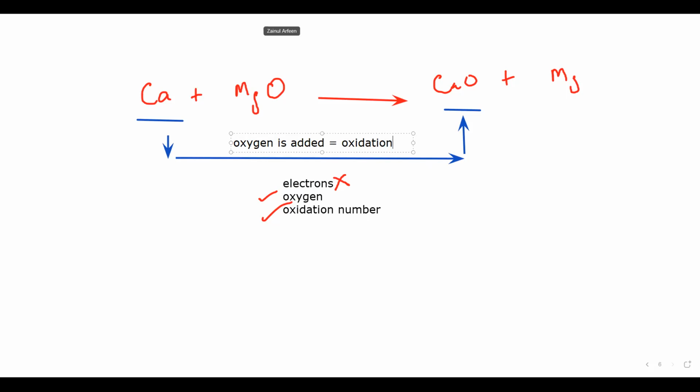And the opposite: if we have magnesium oxide turning into a magnesium atom, first it had oxygen, and then the oxygen is removed.